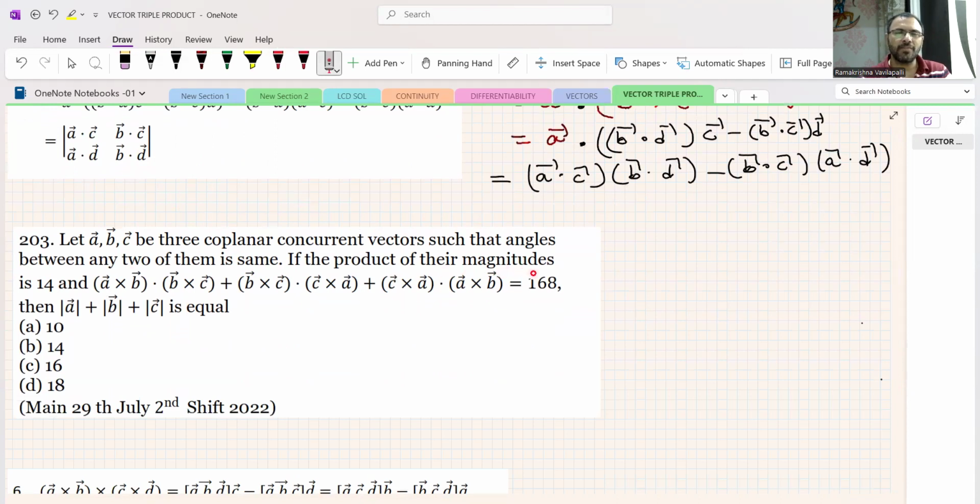If the product of their magnitudes is 14, and A cross B dot B cross C plus the other similar terms is equal to 168, asking what is mod A plus mod B plus mod C.